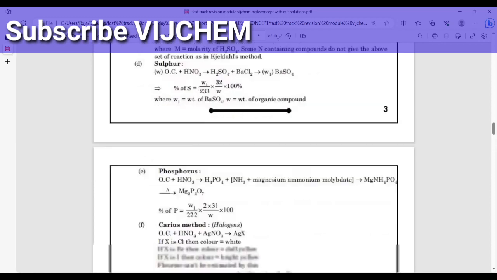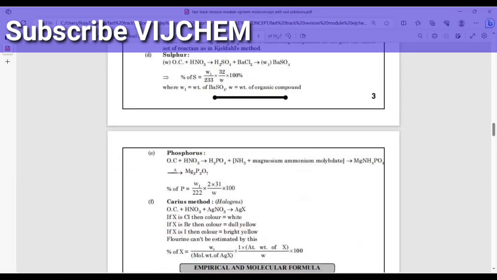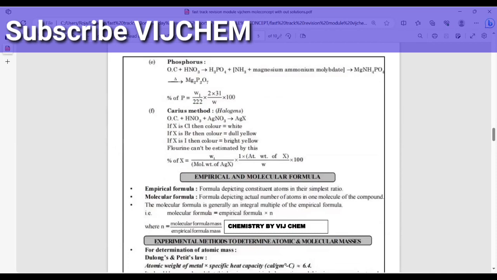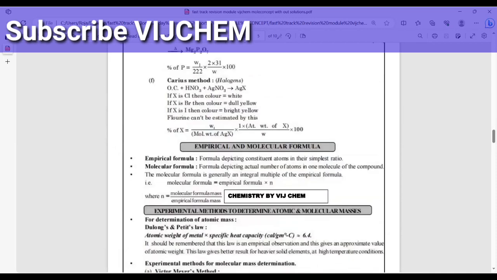Now let us see phosphorus. Here phosphorus also uses the same approach. It is collected as Mg2P2O7. How many phosphorus atoms are there? 2 phosphorus.